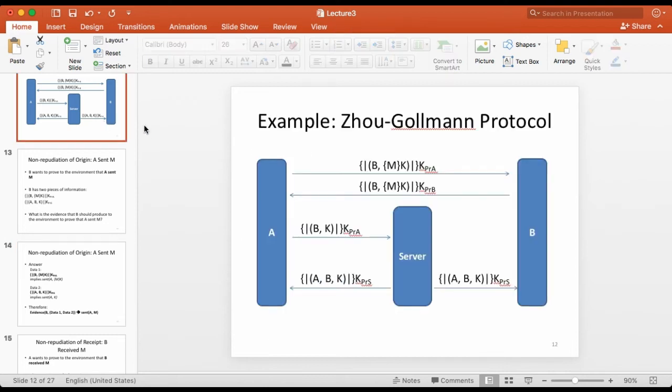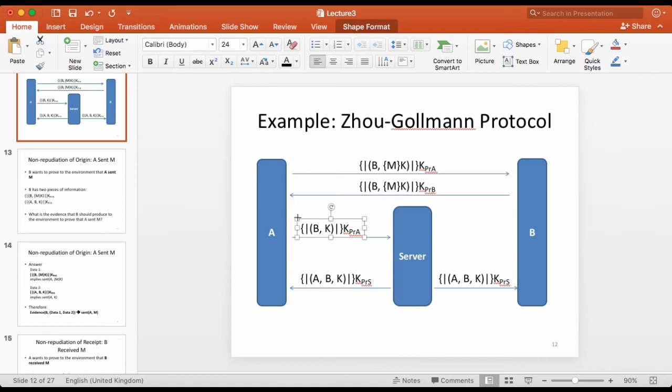And that's also by virtue of the fact that the protocol tells us so. As you can see in the protocol in message 3, it is A who deposits this key at the server. So therefore, if the server is able to distribute the key, it means the server was happy that this key indeed came from A.